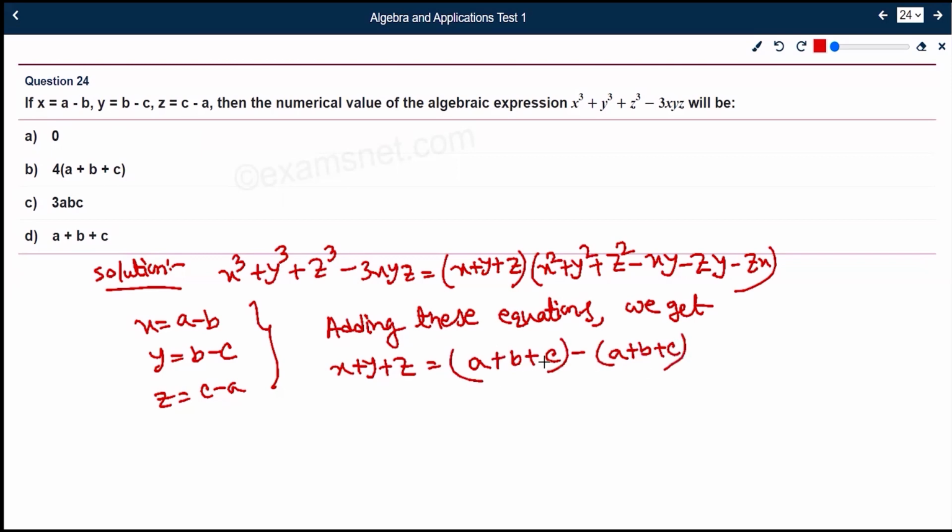That means these two got cancelled and we are left with only 0. So if we put the value of x plus y plus z as 0, it will make the whole result 0. That means x cube plus y cube plus z cube minus 3xyz equals 0. So here option A is the correct one. Okay, now let's move towards the next sum.